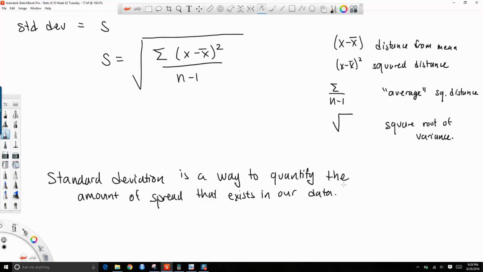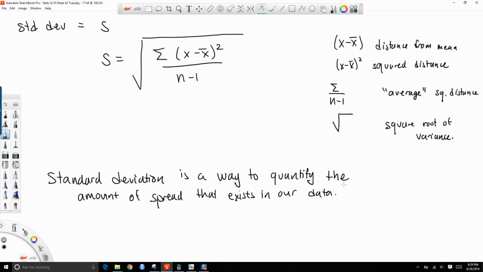Whereas if we were talking about dogs, we expect that number to be big. Okay, so it might be that the standard deviation for cats is like 3 pounds or something. Standard deviation for dogs might be 20 pounds, okay? Something like that. Where we are expecting the amount of variation or the amount of spread to be much larger for the dogs than for the cats, okay?